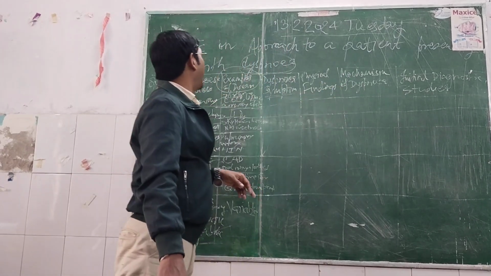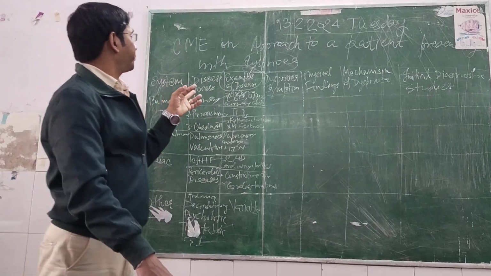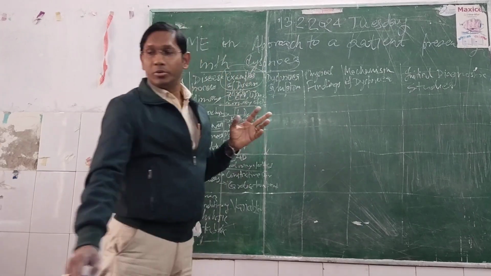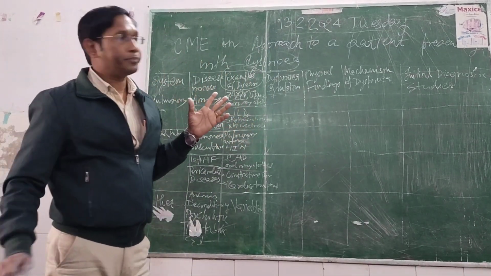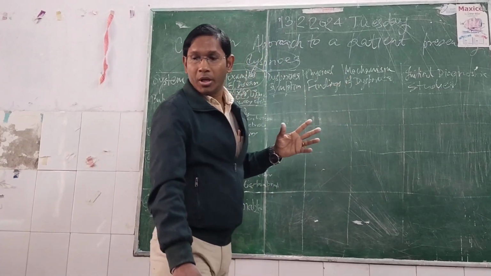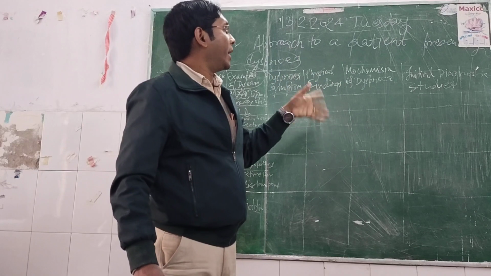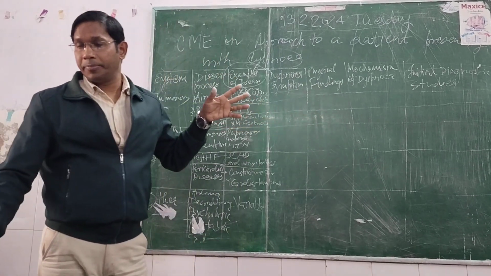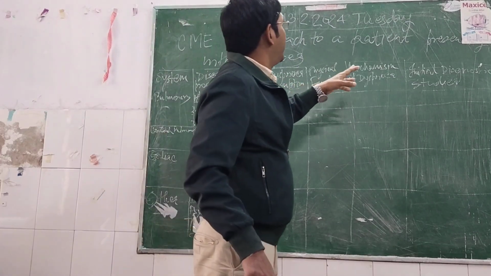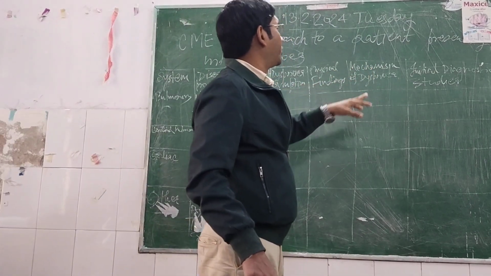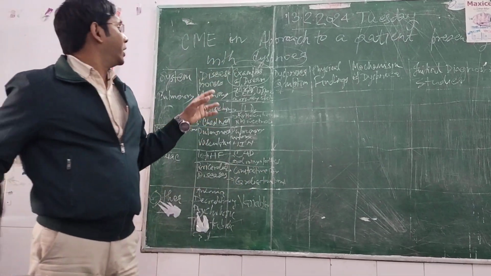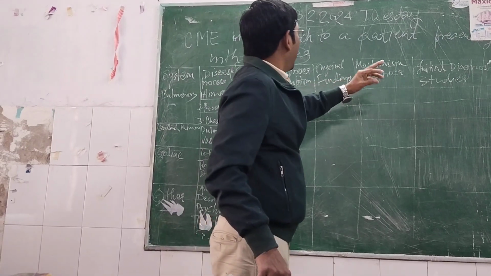Now the mechanism of dyspnea in airway diseases is also increased work of breathing, hypoxemia, hypercapnia, and increased pulmonary receptor sensitivity. So these are the mechanisms of dyspnea in case of airway diseases.